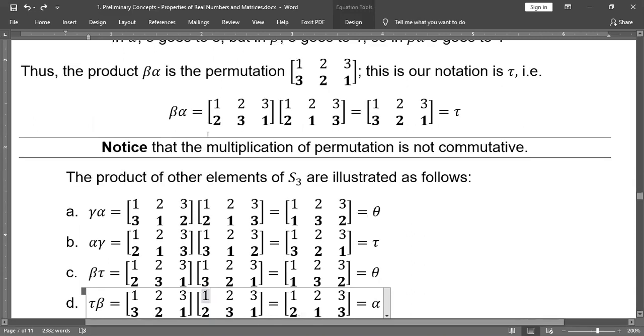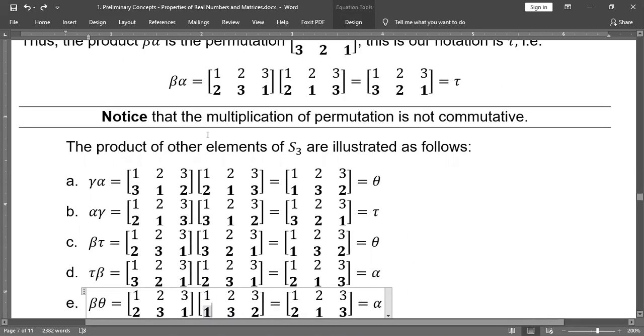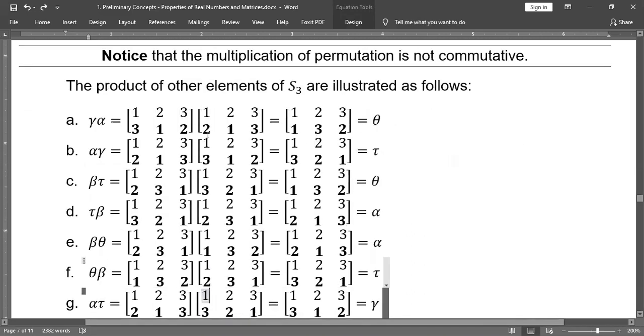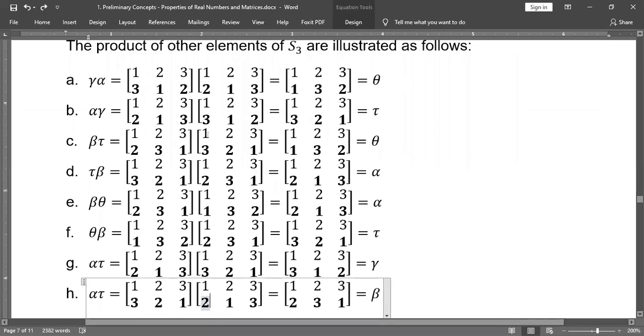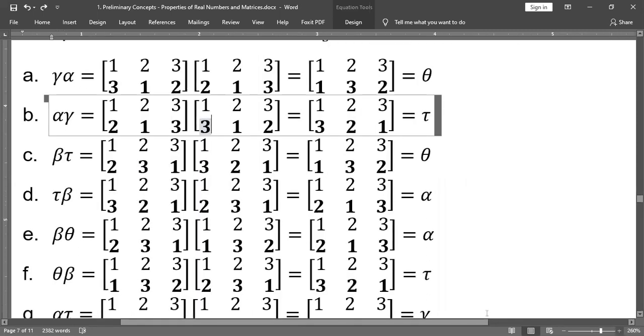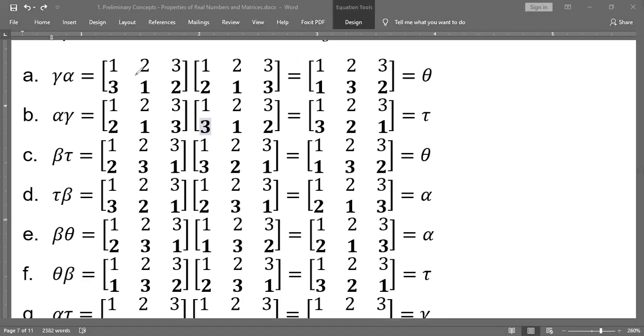Okay. Magbigay lang ako ng ilang example dito. I-discuss ko lang ilang example. Ulitin natin para mas malinaw. Yung gamma times alpha. Gamma times alpha.